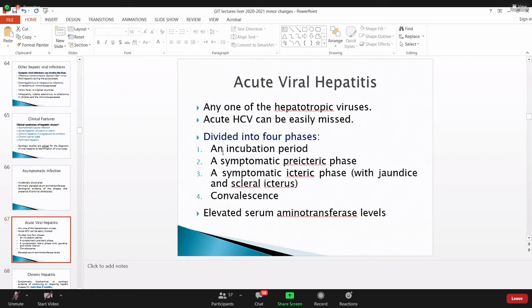It is divided into 4 phases: incubation period, asymptomatic preicteric phase, meaning the patient still has no jaundice, icteric phase when jaundice develops, and convalescence where there is gradual recovery. As we said, the main abnormality is elevation in the serum aminotransferases, AST, one of the markers of hepatocytic injury.